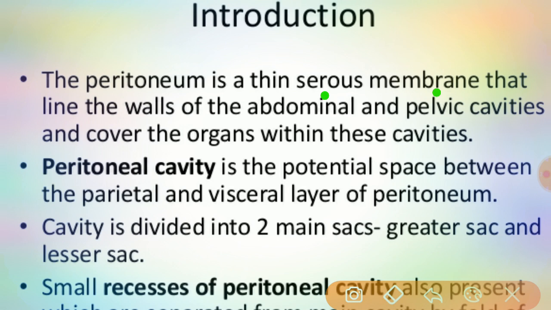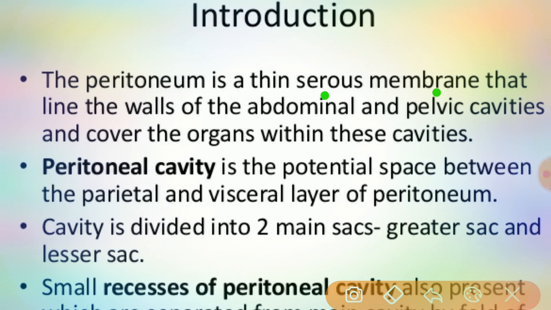Why? Because it is the largest serous membrane of the body, so it covers the walls of the abdominal and pelvic cavity and also covers the organs within the cavities.